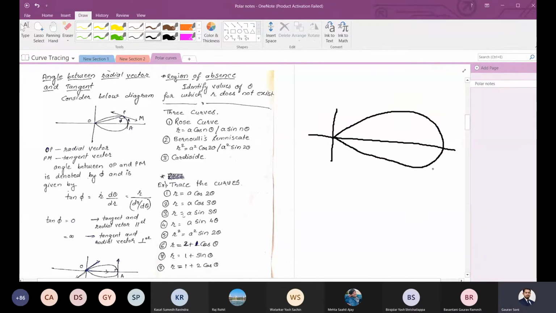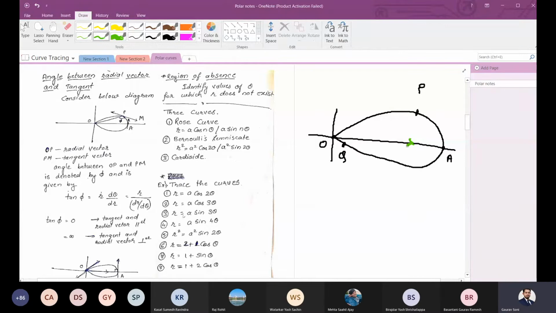Okay, so this is my curve. I'll take a point P on my curve, a point A, a point O, and this is going to be Q. The radial vector for A is this.